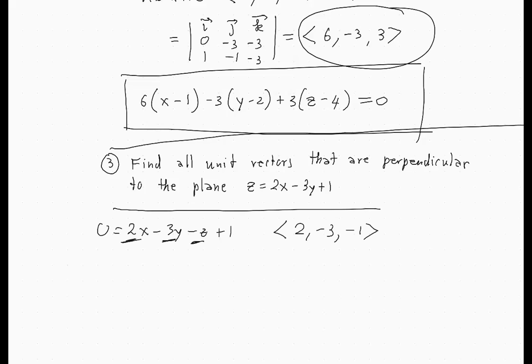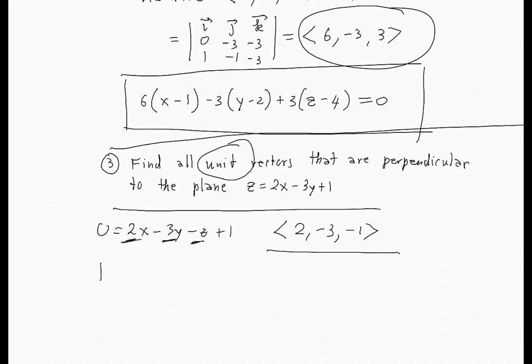Yes, but we want these vectors to be unit. What does it mean to be unit? To have length 1. If you have a vector, how do you find a unit vector? And the answer is you need to divide by the magnitude of the vector. And what is the magnitude of the vector 2, negative 3, negative 1?